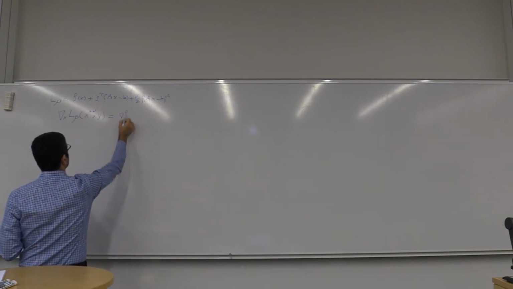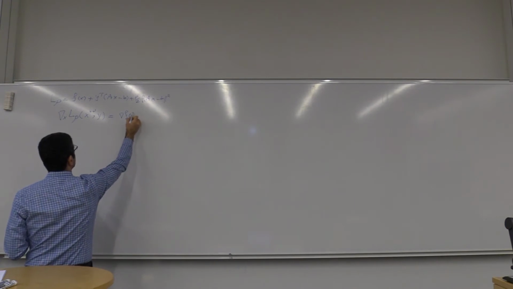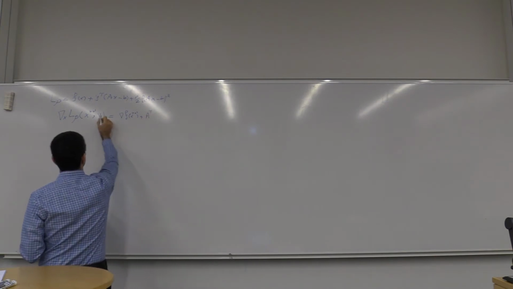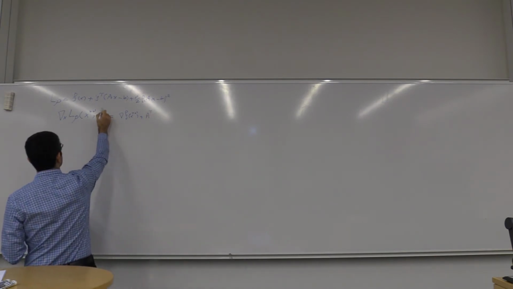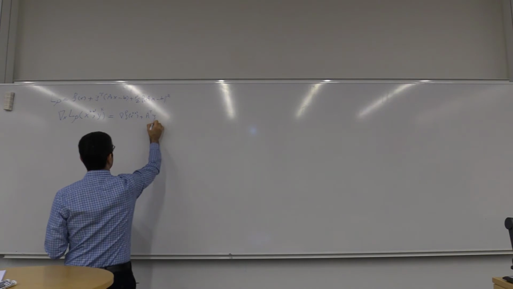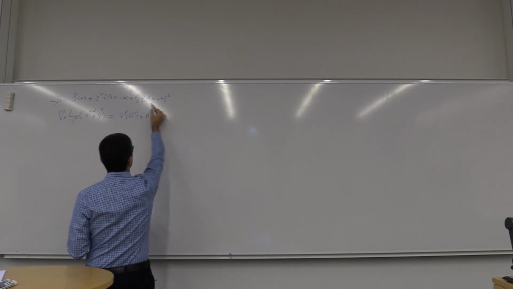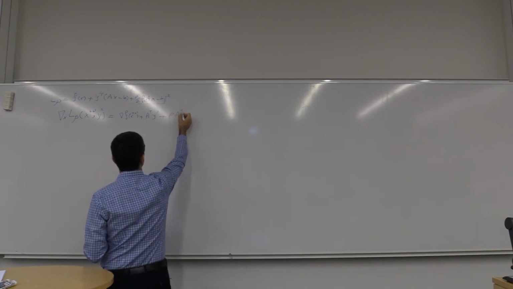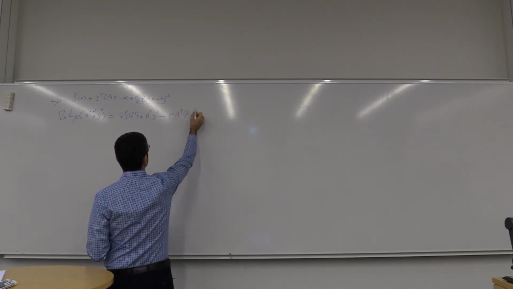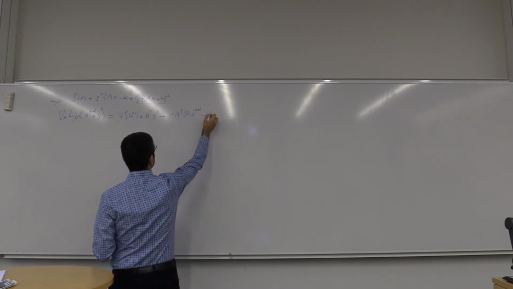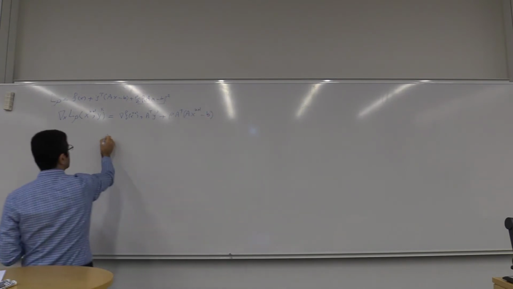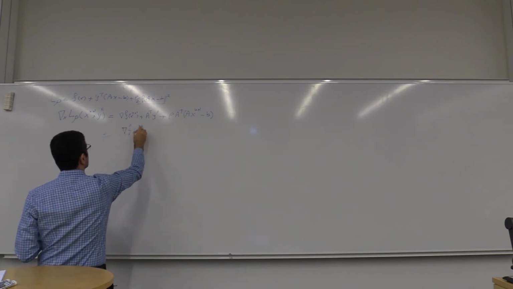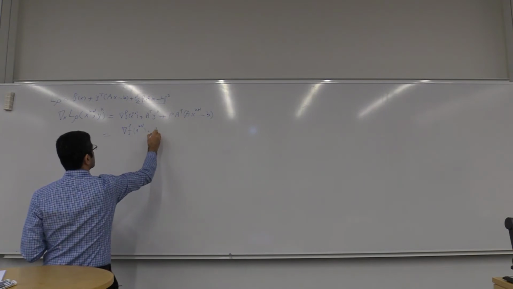Then you get the gradient of f at x^(k+1) plus A transpose y^k, plus, taking the derivative with respect to x, rho A transpose (A x^(k+1) minus b), and that's it. So maybe we can factor out the A transpose.